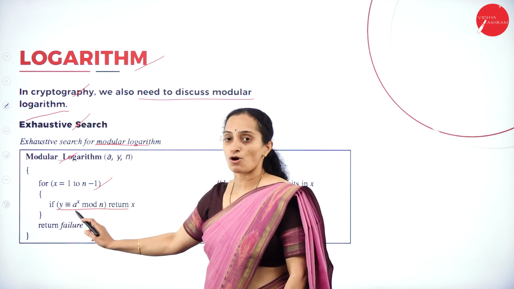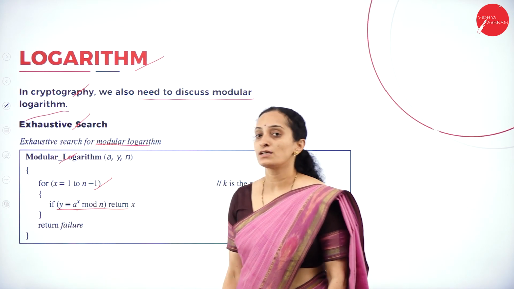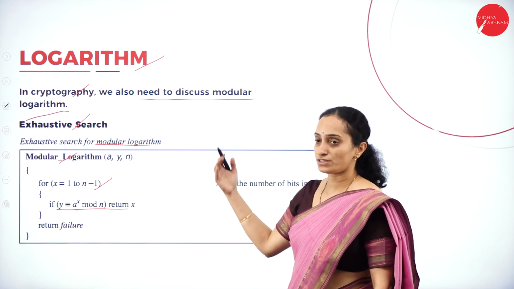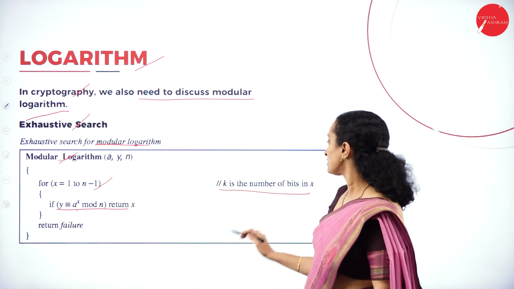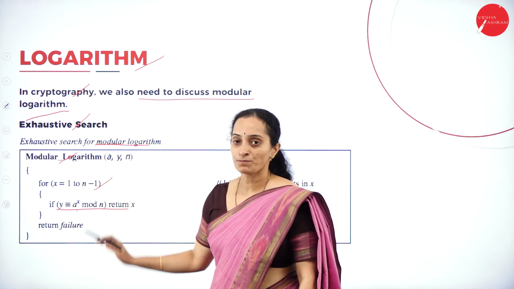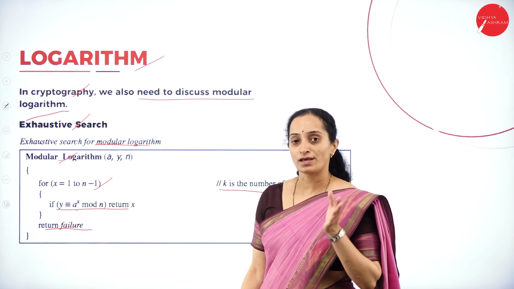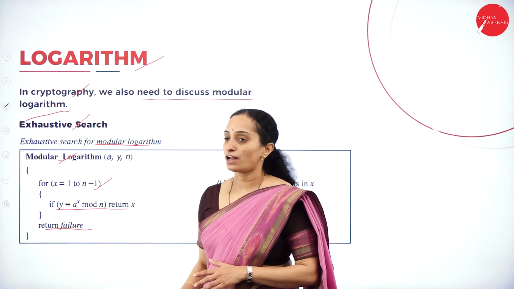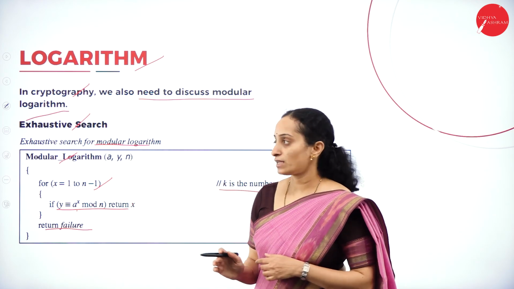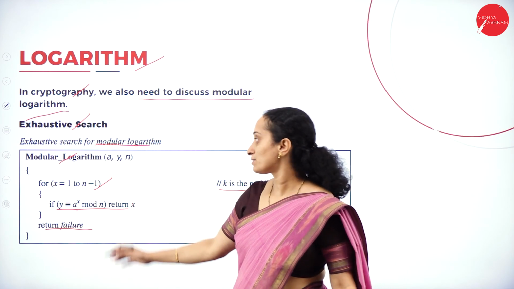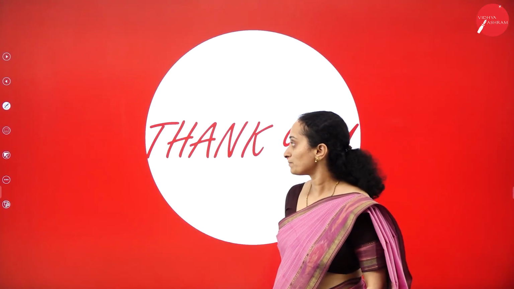If y is congruent to a to the power of x mod n, we return x, else we return 0. If there is no value, there will be no logarithmic value returned from this exhaustive search method of logarithm.